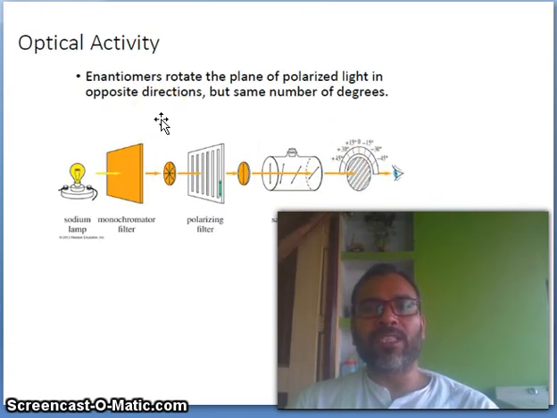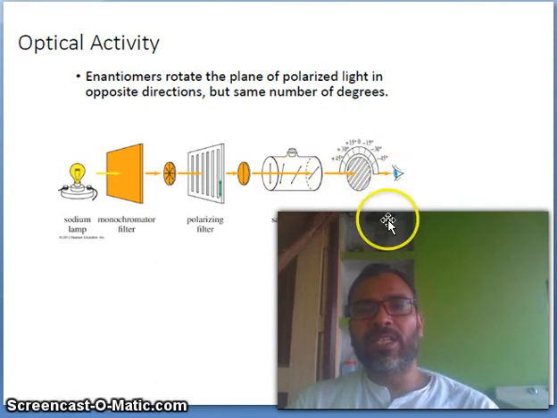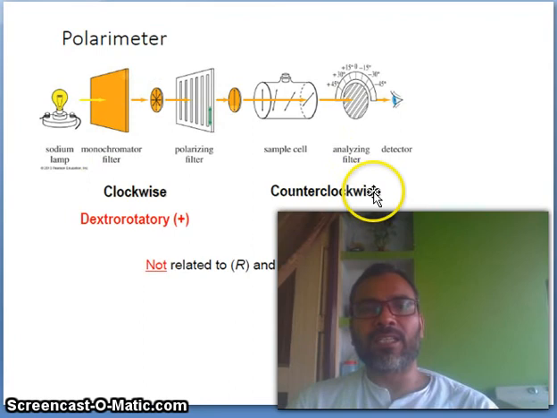Optical activity. What is optical activity? Enantiomers rotate plane polarized light in opposite directions, but by the same number of degrees. This is your sodium lamp, monochromator filter, polarizing filter, plane polarized light. This is the vial, sample cell, and then analyzing filter, and there is a detector.